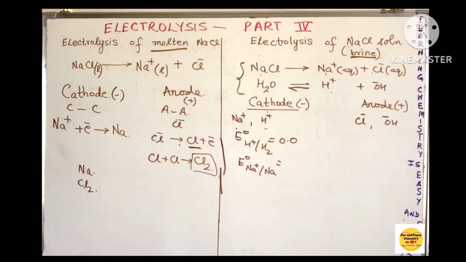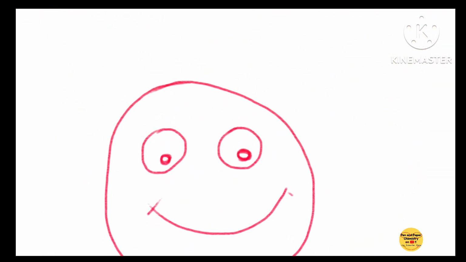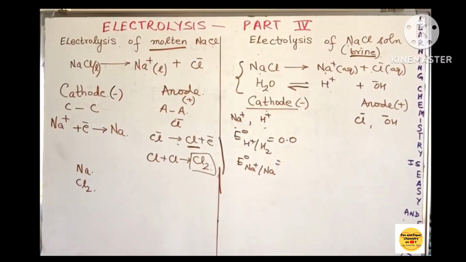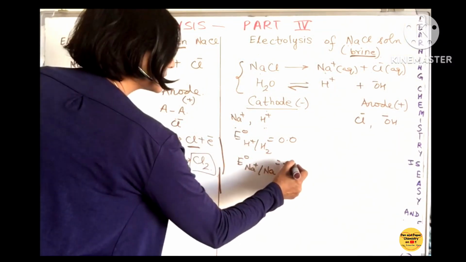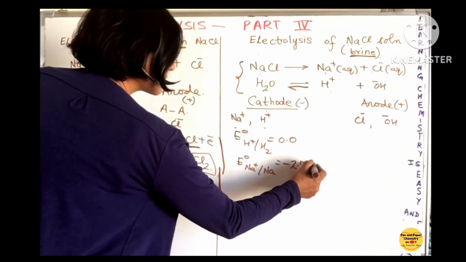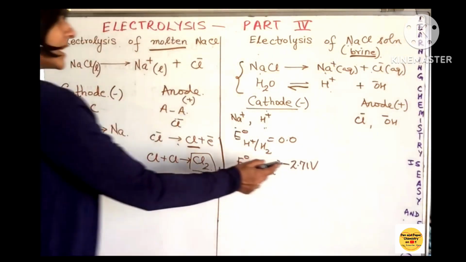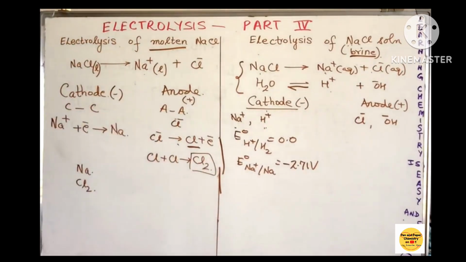Pause the video, find it out. I'm waiting for the answer. Giving me the answer? Yes, it's negative 2.71 volts. The value may differ slightly after the decimal position because it varies with the text sometimes.